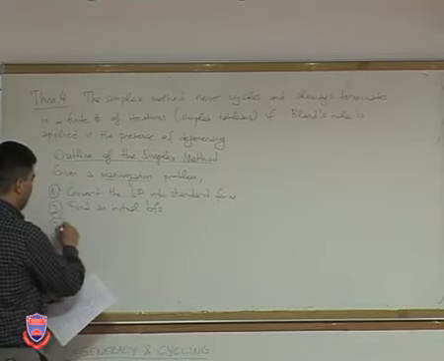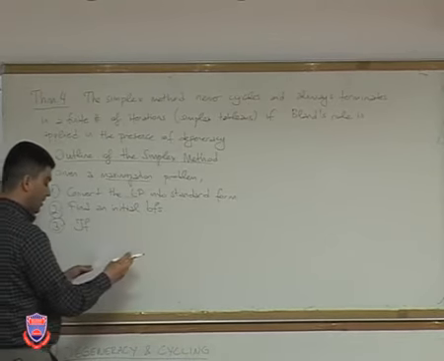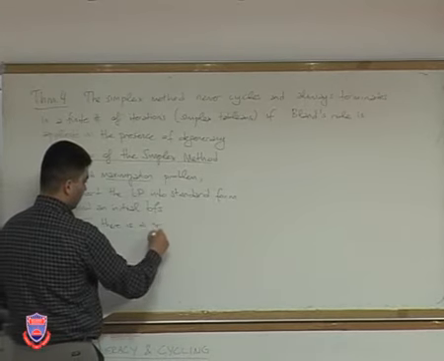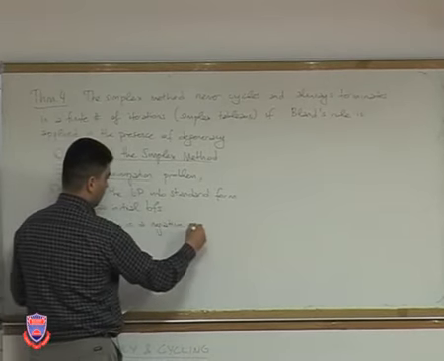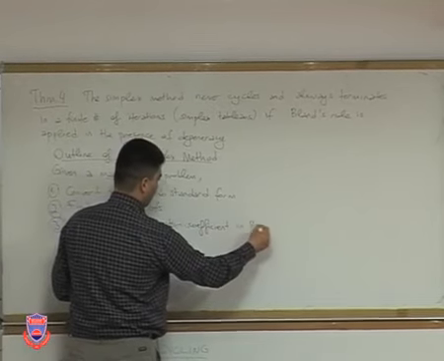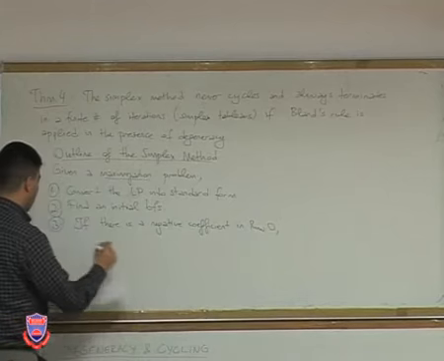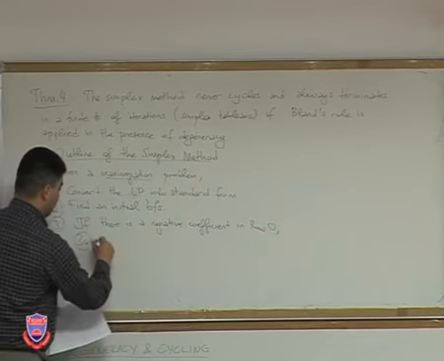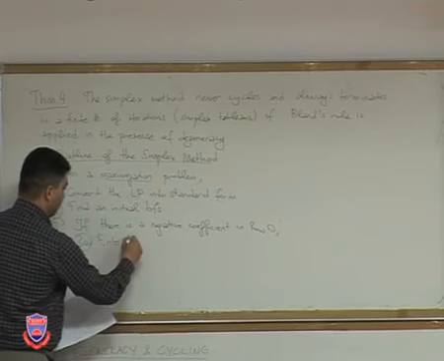The third step is, so there's an if condition. If there's a negative coefficient in row 0, you would enter that non-basic variable.